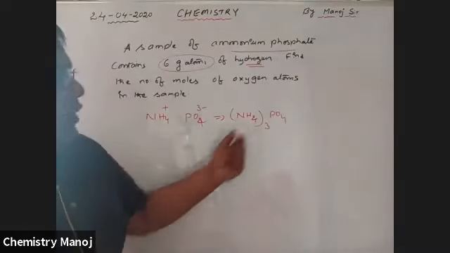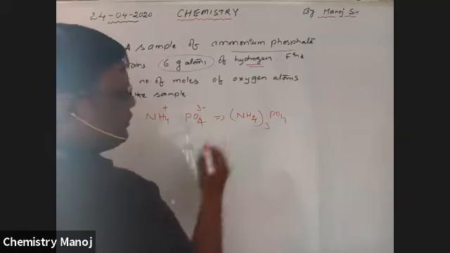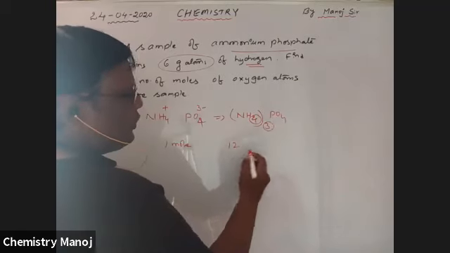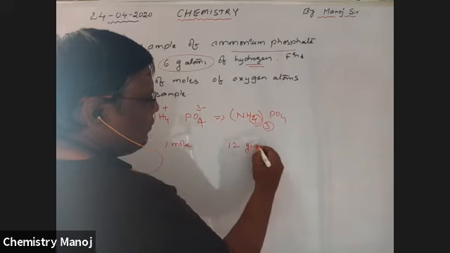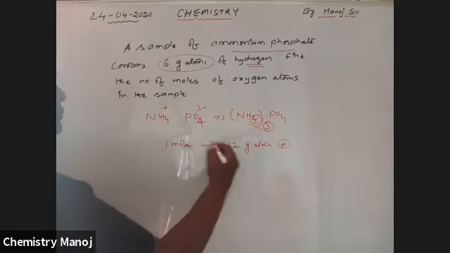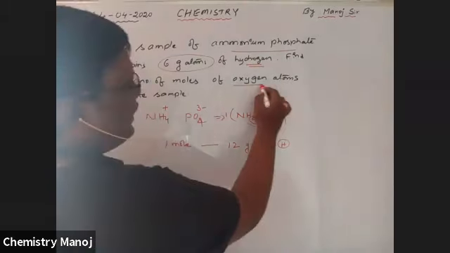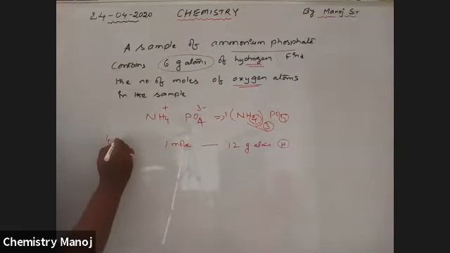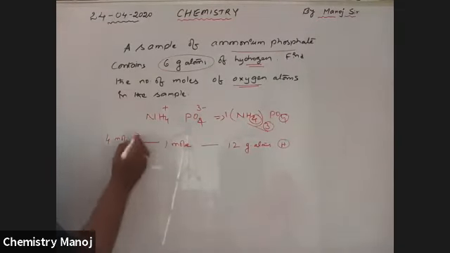Ammonium phosphate. This is the formula. Now, 1 mole of ammonium phosphate contains 4 into 3, 12 gram atoms of hydrogen. Here we need how many moles of oxygen atoms. 1 mole contains 4 moles of oxygen atoms, and the same 1 mole contains 12 gram atoms of hydrogen.